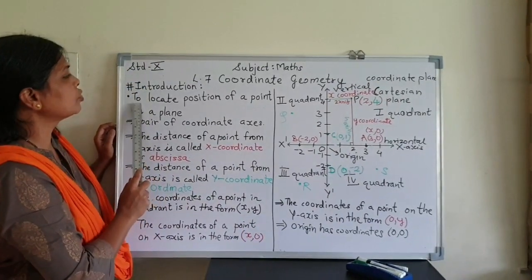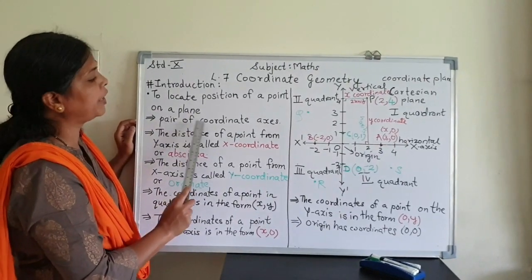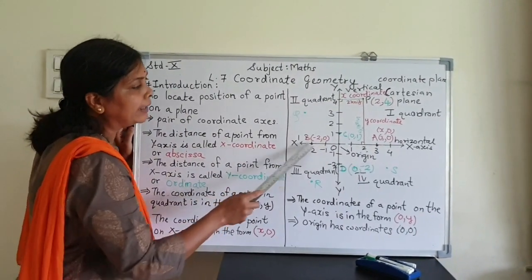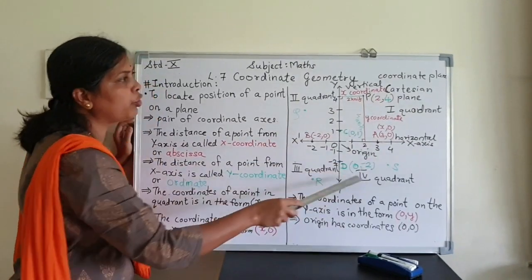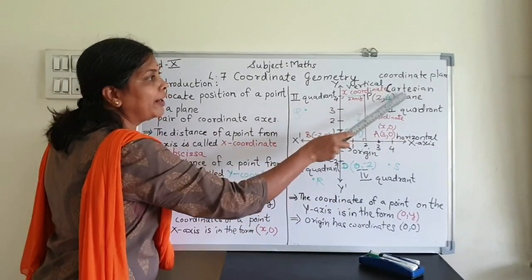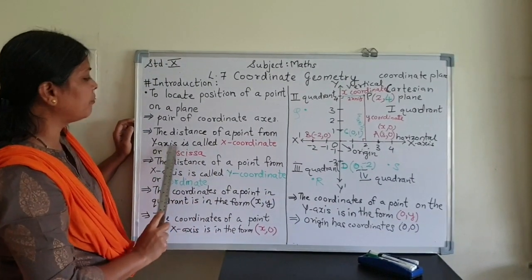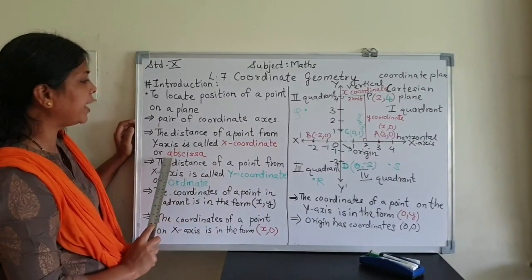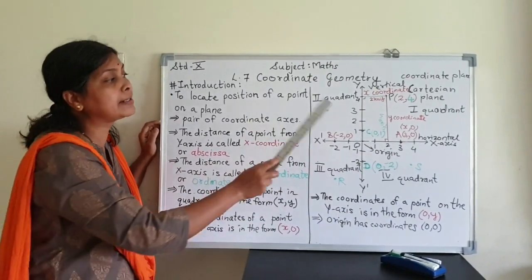The first thing is to locate the position of a point on a plane. We need a pair of coordinate axes, x-axis and y-axis, and then this plane is known as the coordinate plane or Cartesian plane. Now the distance of a point from the y-axis is called the x-coordinate, or abscissa, that you have learned in 9th standard.